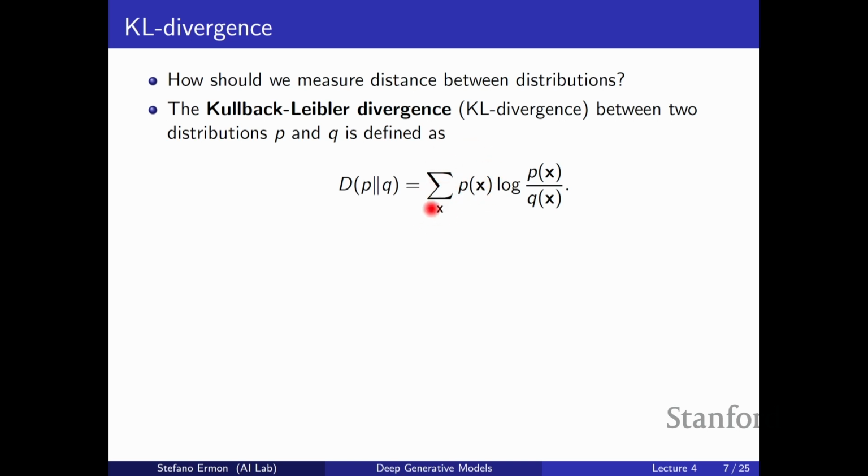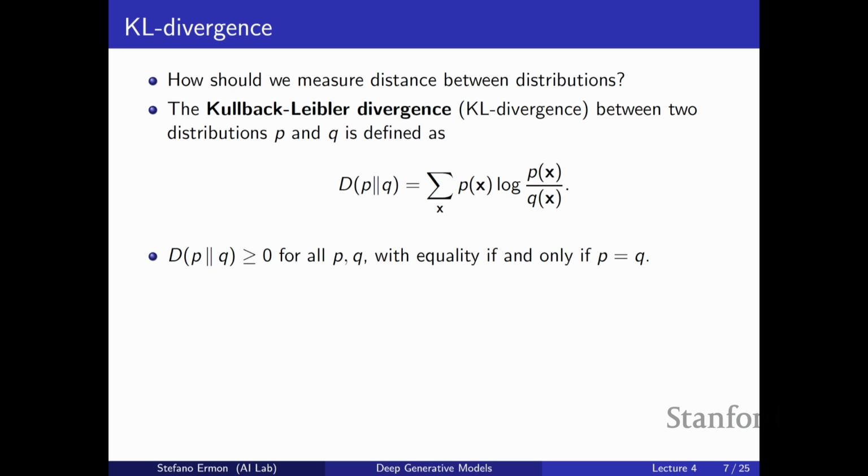All the possible things X are weighted with respect to the probability under P. And then you look at the log of the ratio of the probabilities assigned by P and Q. It turns out that this quantity is non-negative, and it's 0 if and only if P is equal to Q. And so it's a reasonable notion of similarity because if you choose P to be P data and Q to be your model distribution, and you are able to drive this quantity as small as possible, then you're making your model closer to the data. And if you're able to drive this loss to 0, then you know that you have a perfect model.